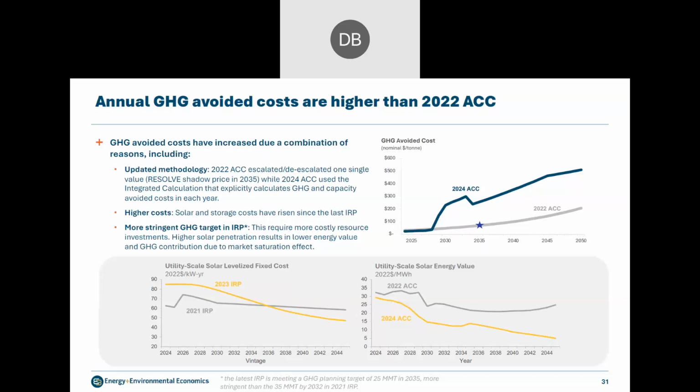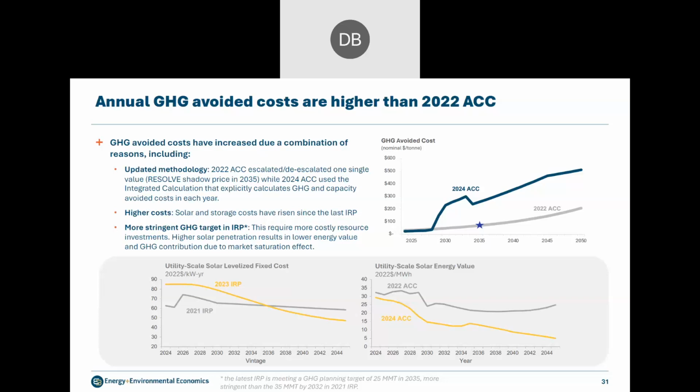And the second major impact is that as the state tries to meet a more stringent target, it incorporates more renewables, especially solar, in the system. And with higher renewables and higher solar, the marginal energy value or GHG contribution for the next unit of solar is decreasing with this higher solar penetration.